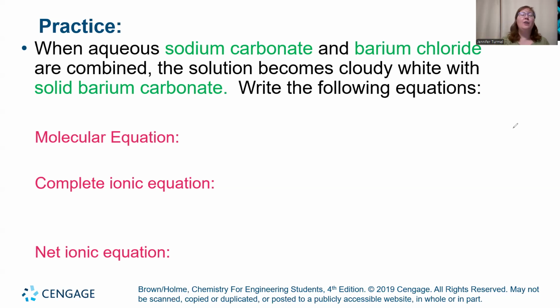Now let's take a look at one from the beginning. We have aqueous sodium carbonate and barium chloride, and we're going to combine them. Here it's telling you the barium carbonate, but let's walk through what would happen if we're not given that piece of information. First, we have sodium carbonate, so that's Na+ and CO3 2-. These come together to form Na2CO3, and because of the sodium, we know that it's aqueous.